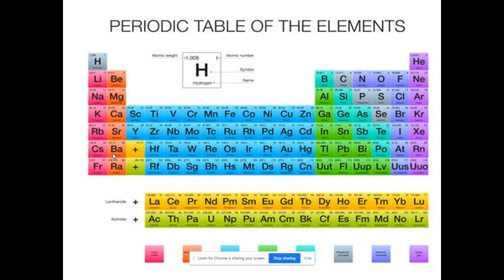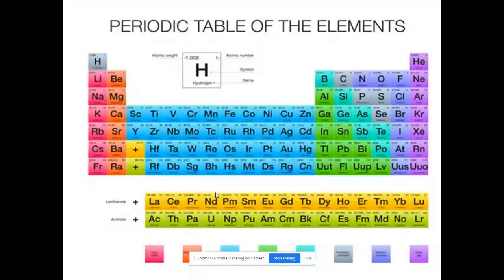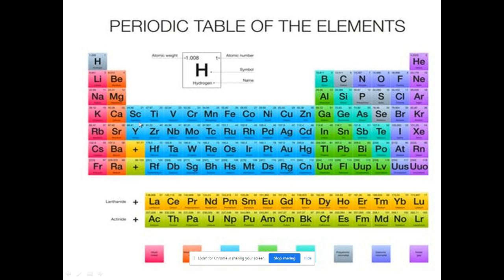Next, about the metals. Metals are solid at room temperature except mercury, which exists as a liquid at room temperature. All of you know the general properties of metals: metals are malleable, that means we can form them into different shapes.